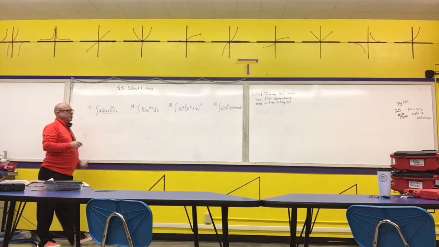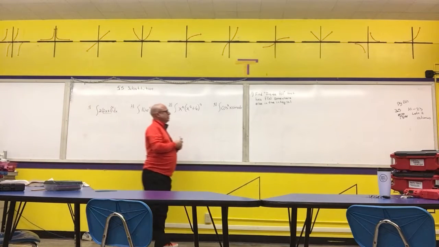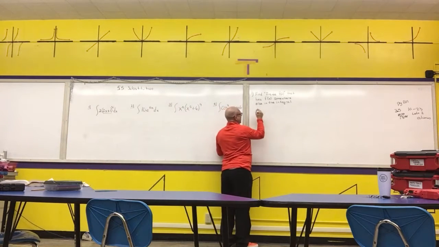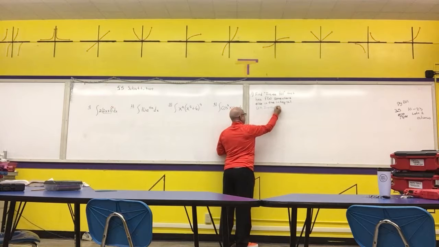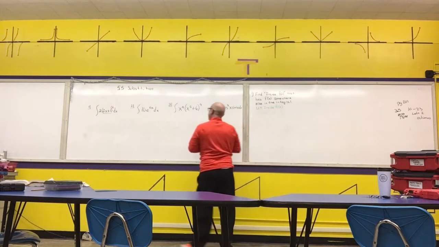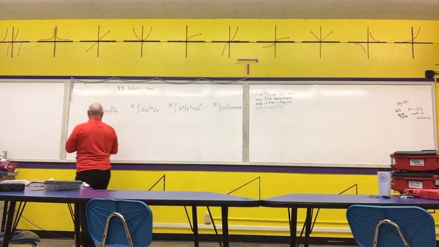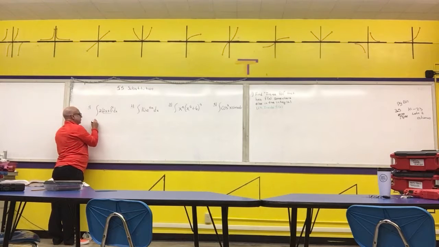So I'm going to do a substitution, and when I find that inside function, I'm going to say u equals the inside function. So I'm going to write u equals 2x plus 1.